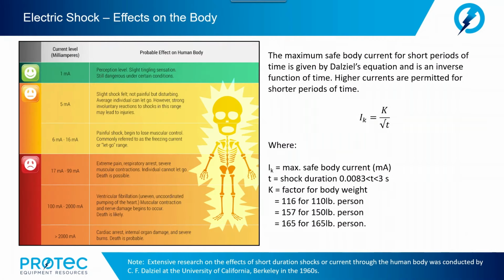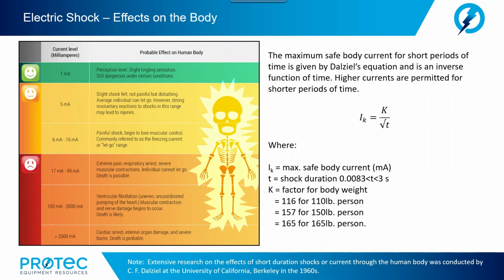Now, let's take a look at effect on the human body. A lot of this research on the effects of current in the human body was actually taken back in the 1960s by research conducted at the University of California in Berkeley.